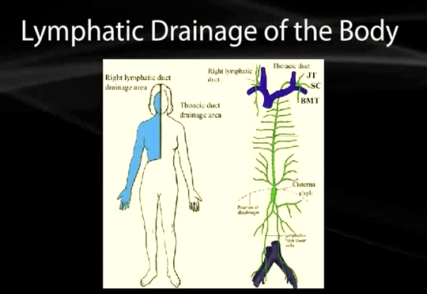Everything below the diaphragm will be collected back to that point known as a cisterna chyli, and that cisterna chyli will be a dumping point for any of the chylomicrons, which are too big to be absorbed by the GI tract. They will then be taken into that cisterna chyli and taken back to the vascular stream via the thoracic duct.